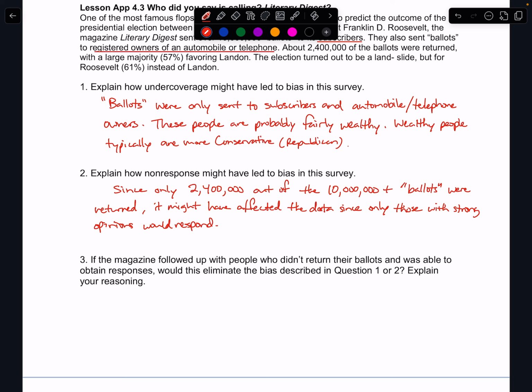And then question 3, if the magazine followed up with people who didn't return their ballots and was able to obtain those responses, would this eliminate the bias described in question 1 or 2? Explain your reasoning.